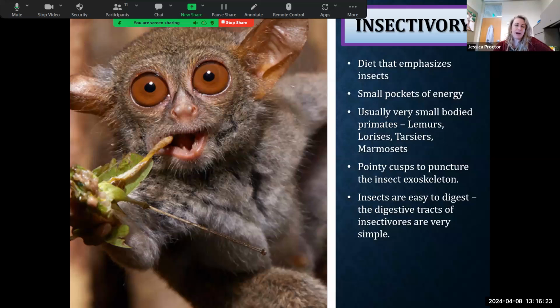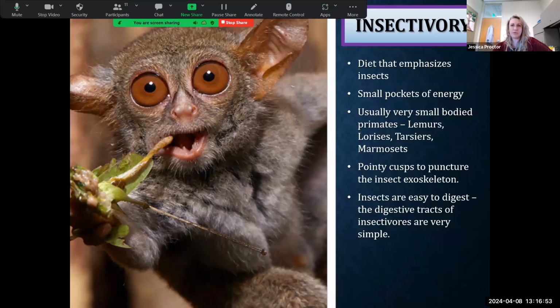So the primates that are insectivores tend to also have relatively simple digestive tracts. Okay, so insectivores are primarily small-bodied primates like lemurs, lorises, tarsiers, marmosets. So mainly the strepsirrhines, the tarsiiforms, and a few of the platyrrhines, with really sharp, pointy cusps to break up insect exoskeletons, and they tend to be relatively easy to digest.